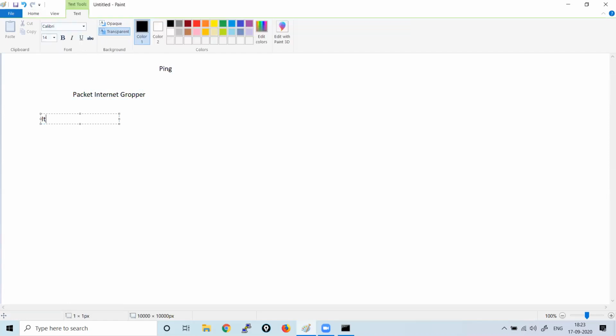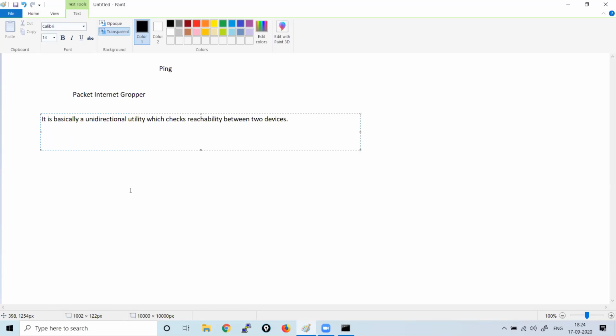It is basically a unidirectional utility which checks the reachability. Am I clear?